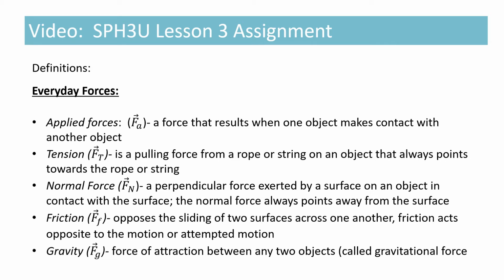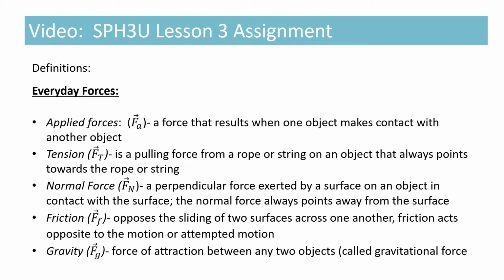Normal force. This is the perpendicular force exerted by a surface on an object in contact with the surface. The normal force always points away from the surface. Friction opposes the sliding of the two surfaces across one another.